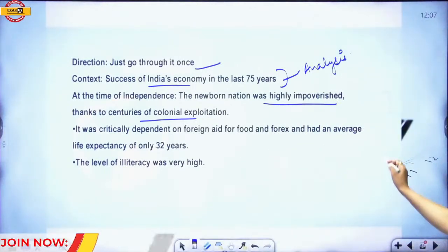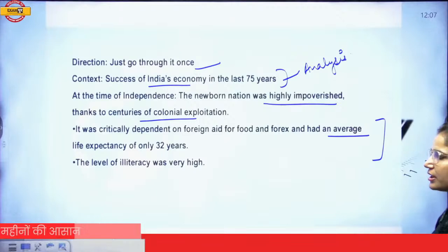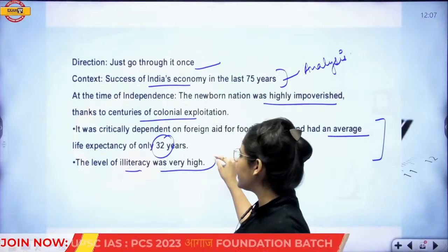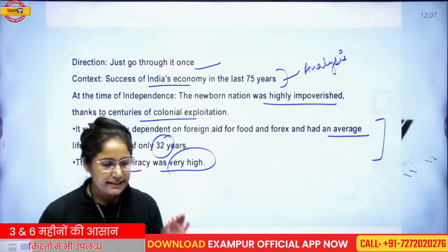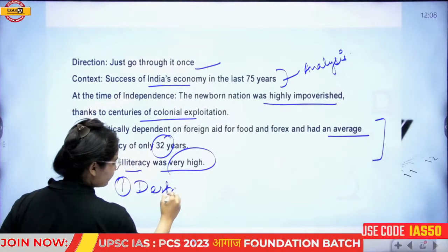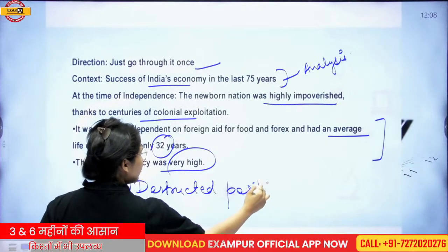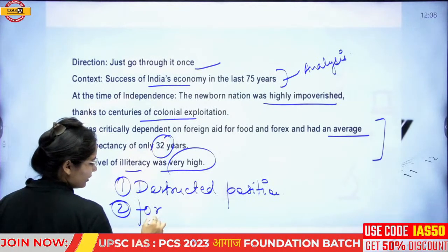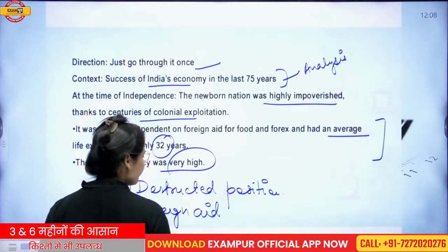It was critically dependent on foreign aid for food and foreign exchange, and had an average life expectancy of only 32 years. Illiteracy was very high. The point we are trying to make is that we were in a very distressed position. First, we were in a very distressed position. Second, we had to import food, so you can consider it as foreign aid.